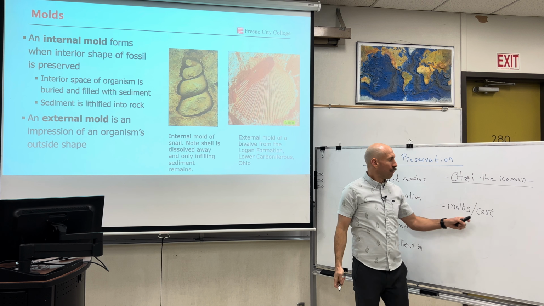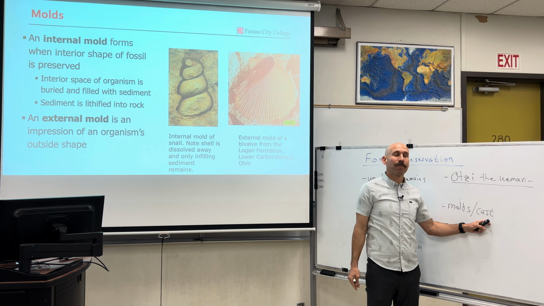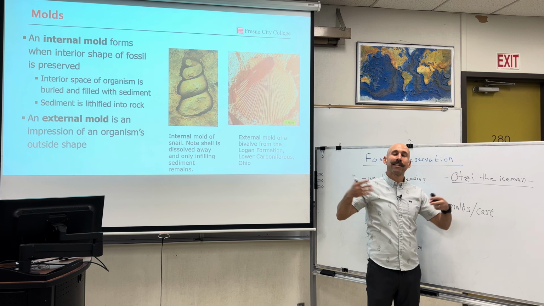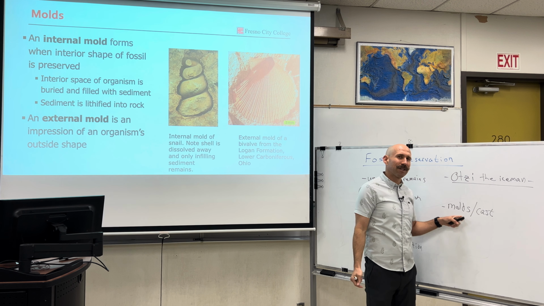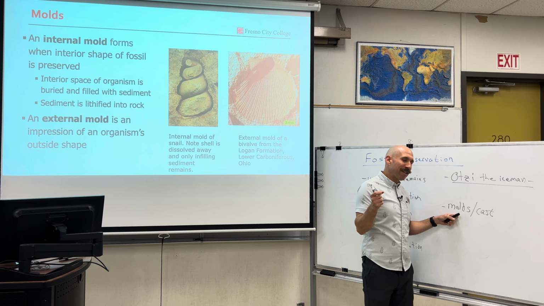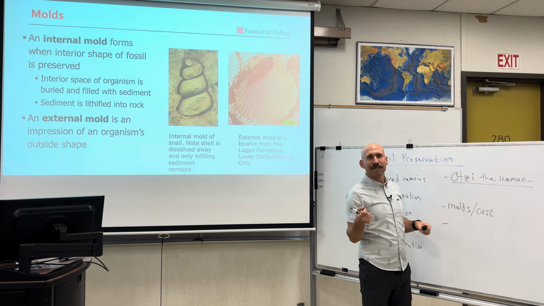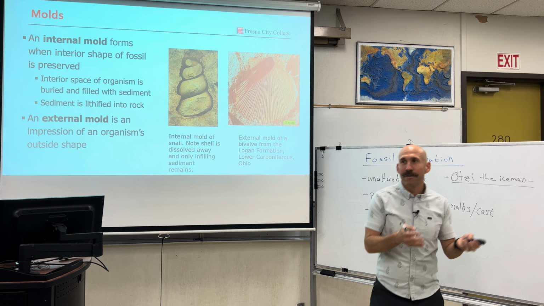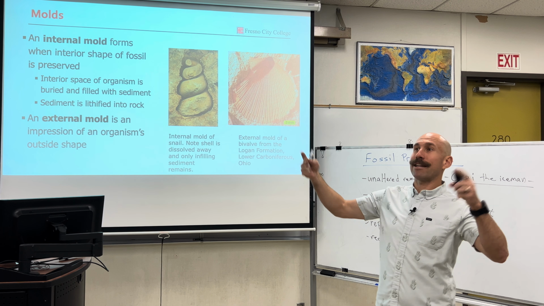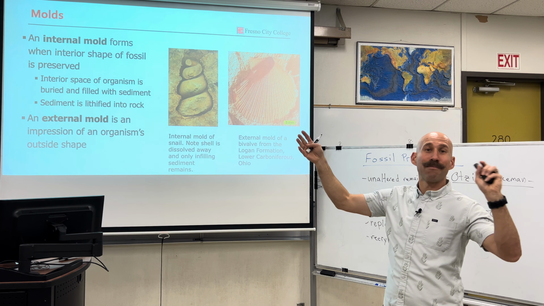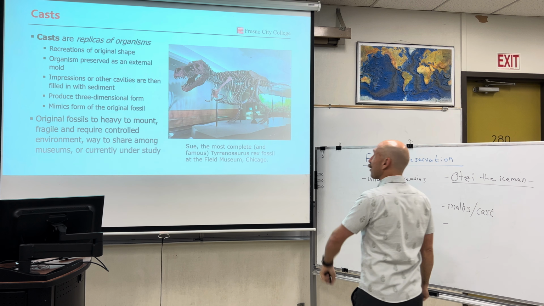Molds and casts are also very common for displays in natural history museums when maybe the original material we don't necessarily want to be exposed to the elements, so we create a cast, and if we're moving it from one display to another, then what you actually see, the big dinosaur bones, aren't the actual dinosaur bones. They're a mold and a cast of the original dinosaur fossil.